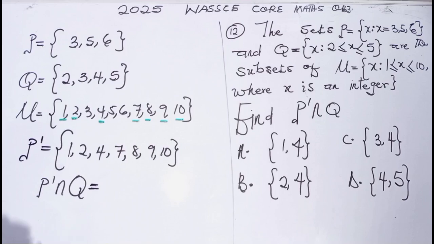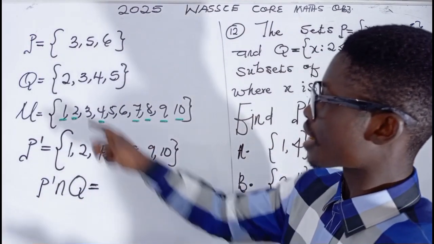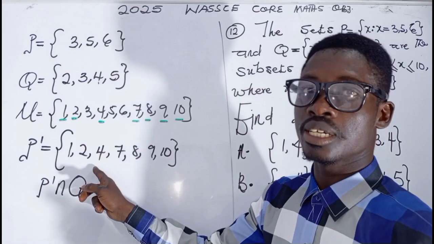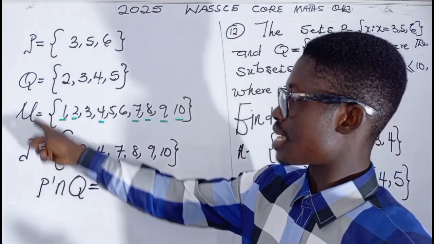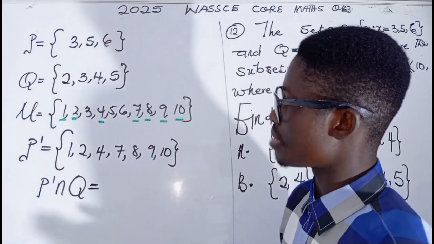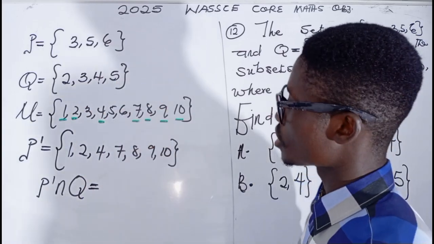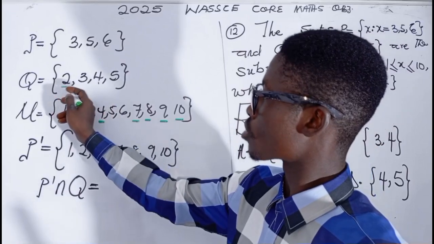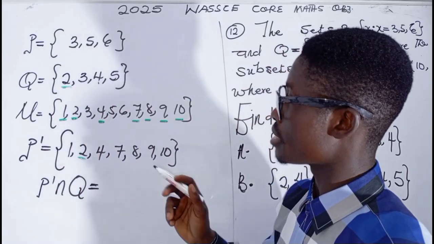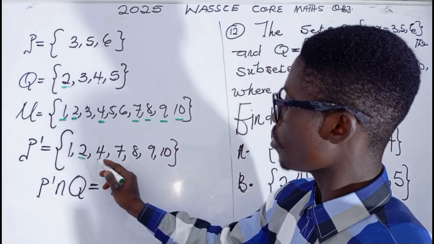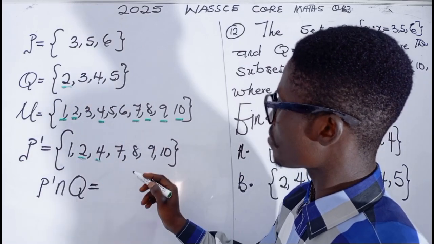P complement intersection Q means we have to find those elements that belong to Q and at the same time belong to P complement. In other words, we look through P complement and Q to see elements that belong to both. We can see that 2 is common to P complement and Q. We also have 4, which is also common. 5 is not common.